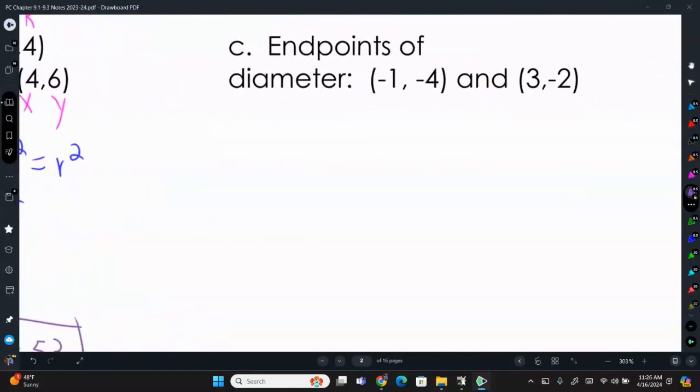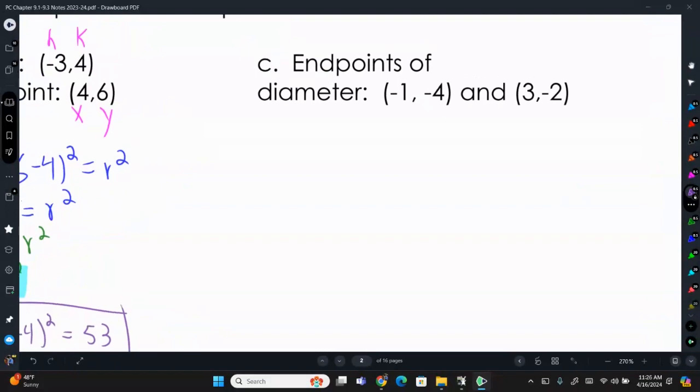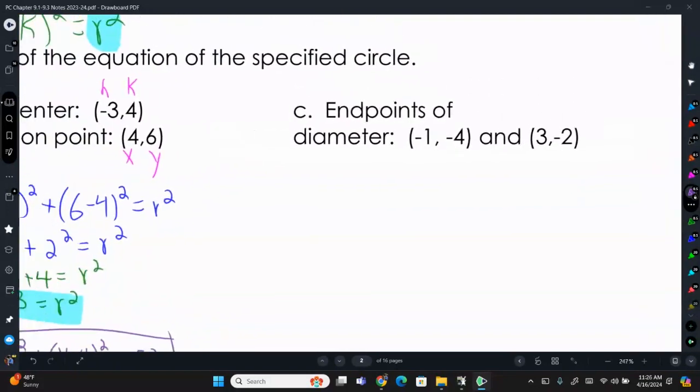All right, now letter C says endpoints of diameter at (-4, -1) and (3, -2). So if we have the endpoints of the diameter, in order to find the center, we can use the midpoint formula. The midpoint of the diameter equals the center.